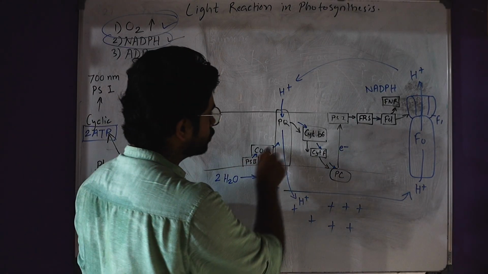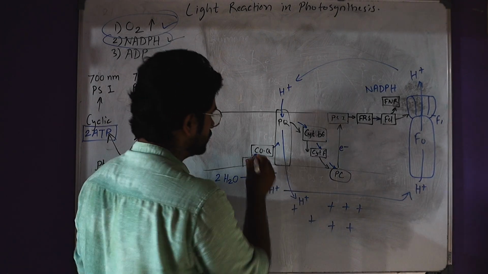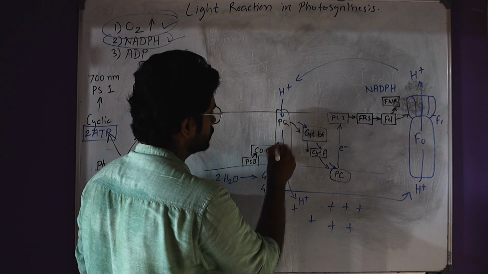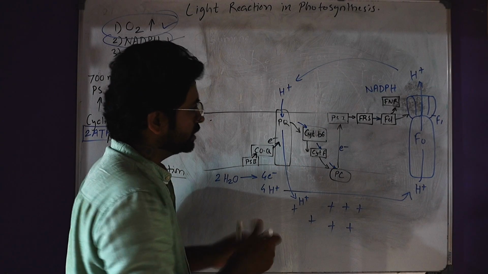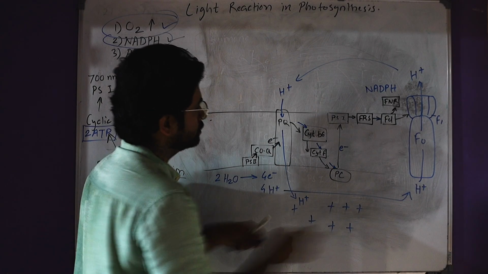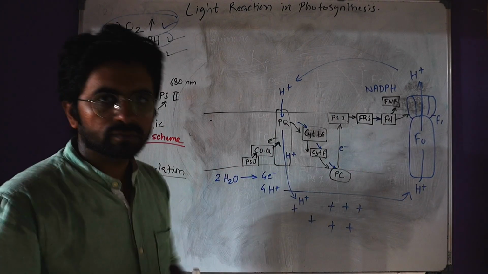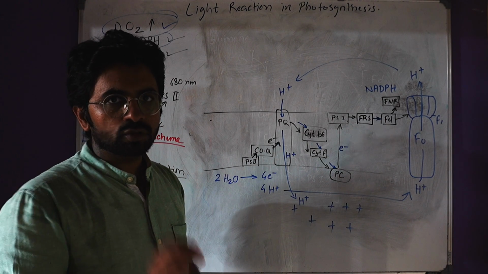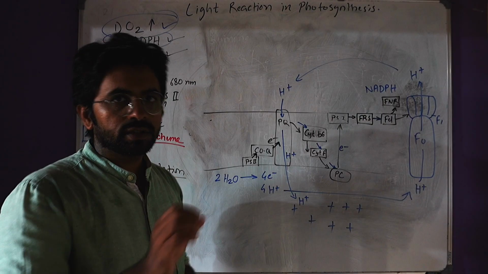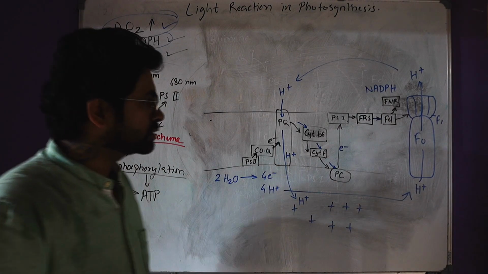When one electron travels from plastoquinone, in the place of one electron, one proton comes inside. Okay, so that was the function of plastoquinone. It does not only act as electron transporter, it also acts as proton transporter.